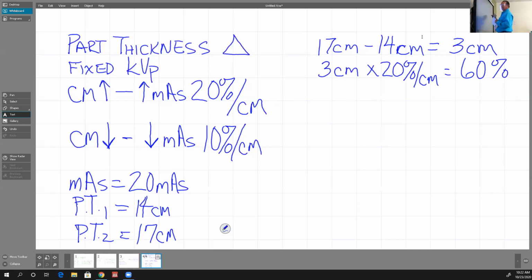So then I'm going to take 20 mass, or I'll take 60%, or I'll do it this way, 20 mass times 0.6. That's going to be 12 mass.